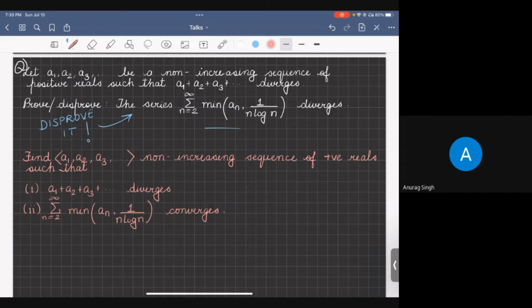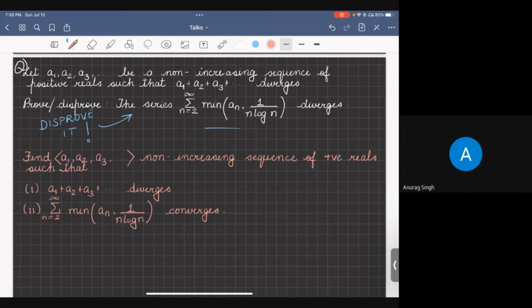And if you notice that if 1 over n log n is dense, then you will not be able to achieve this convergence. So you need to try to manipulate these ai's such that this sum converges. So maybe this min is almost always an, but then this min is so small that this summation converges.